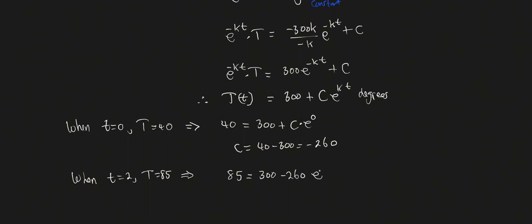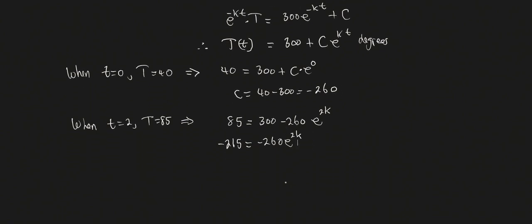And then I have e to the, now t is 2, so the exponent is 2k. So subtract 300 from both sides, and that will give us a negative 215 is equal to negative 260 e to the 2k.